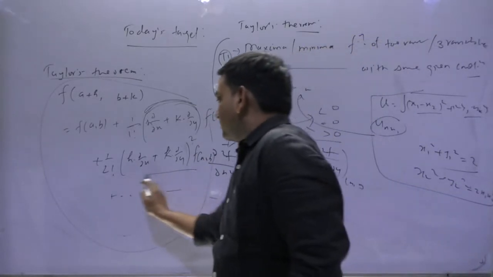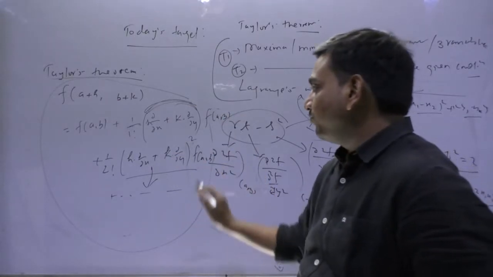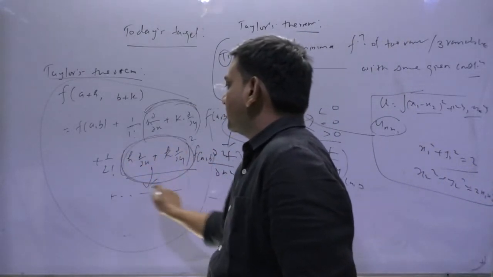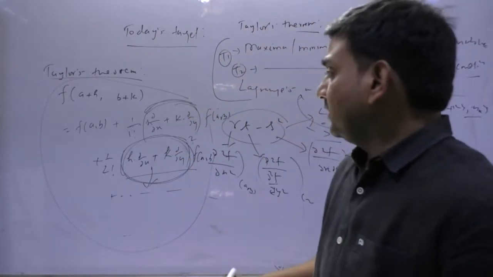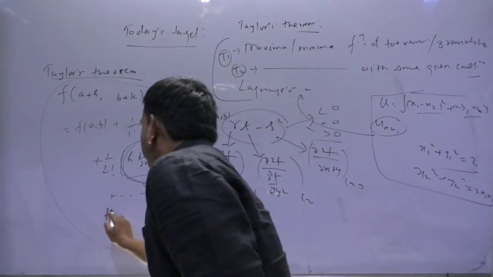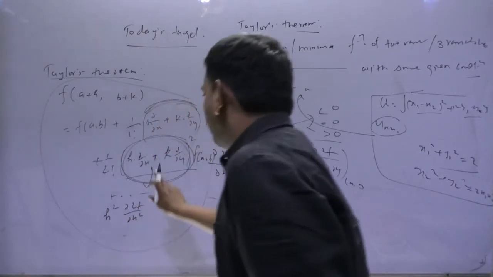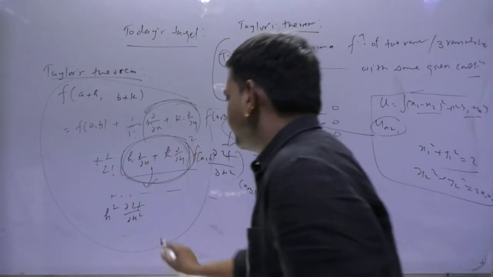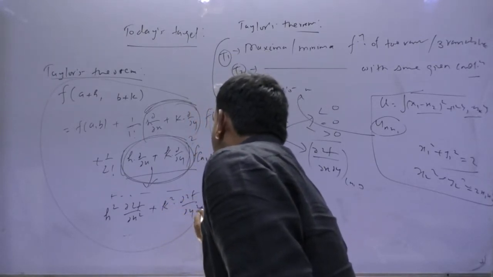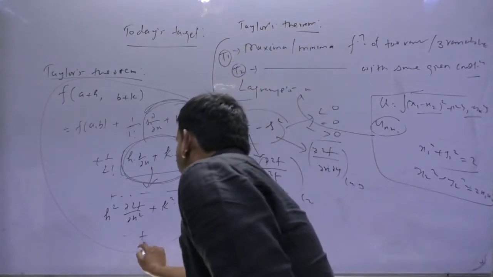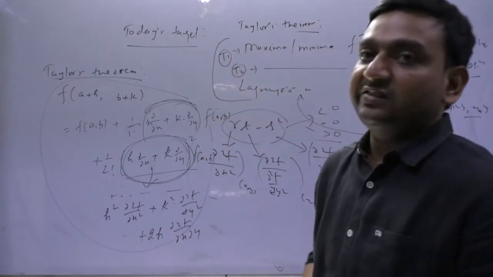So by using this, one more thing you will be using in Lagrange's method also. The thing is how to write this expression. So I am going to tell you, if you want to write this expression, it will be nothing but h square into ∂²f/∂x², similarly (a plus b) whole square, plus k square ∂²f/∂y² plus 2hk ∂²f/∂x∂y.